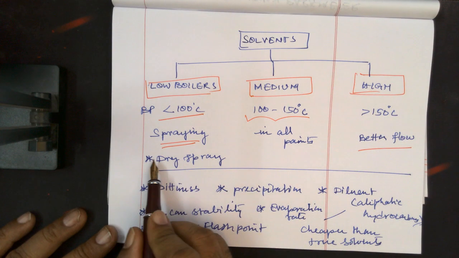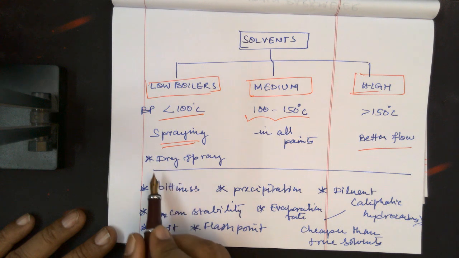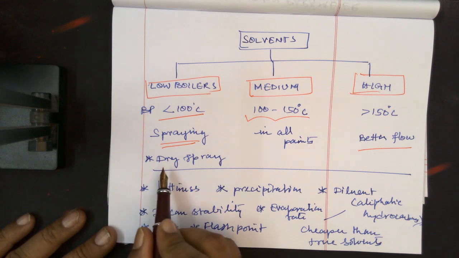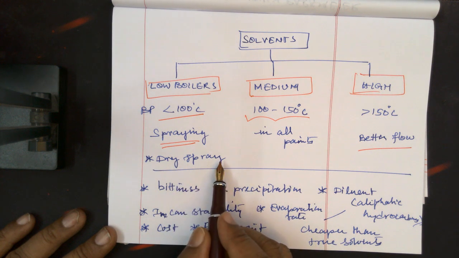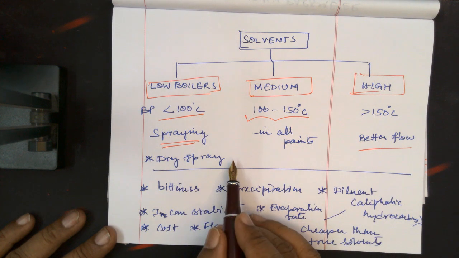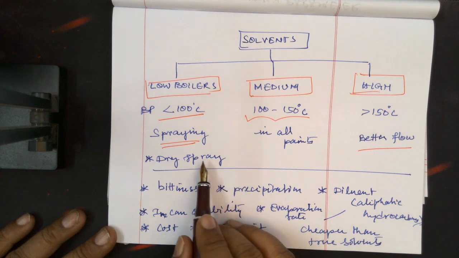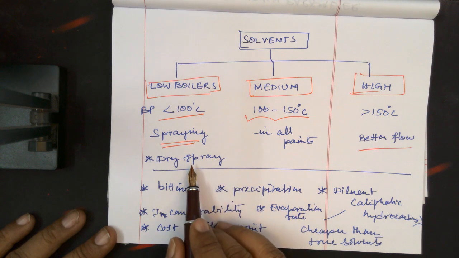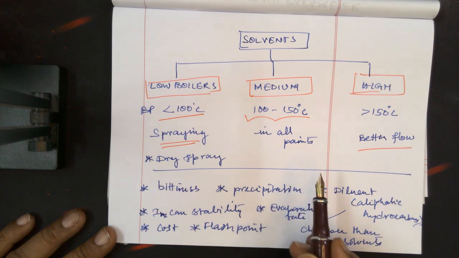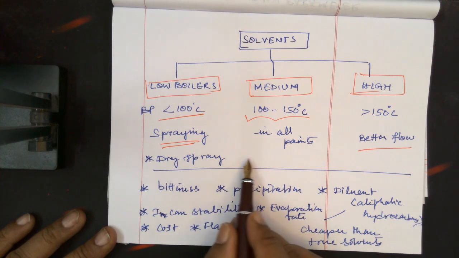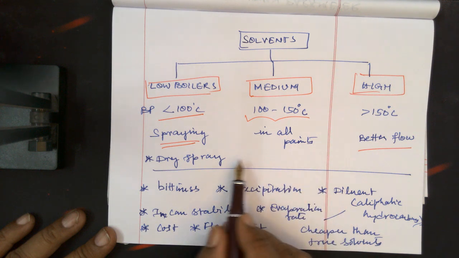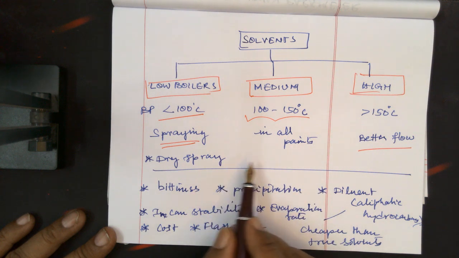Because by the time the paint is ejected out from the spray gun, if the distance between the spray gun and the component to be sprayed is too much, it will cause some dry spray. So the distance should be maintained.